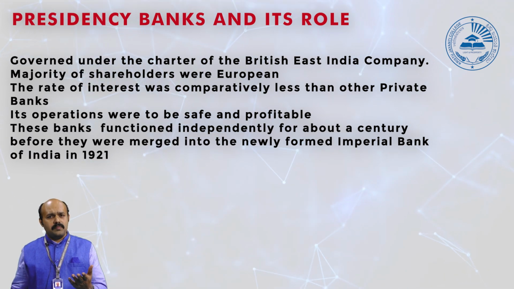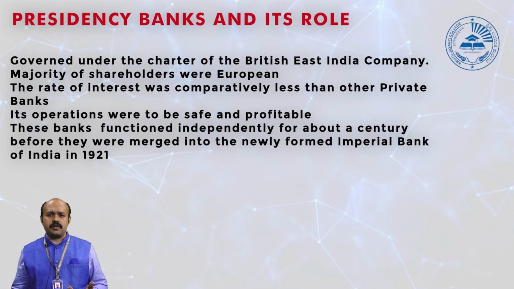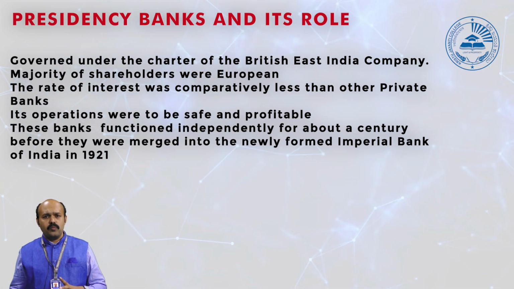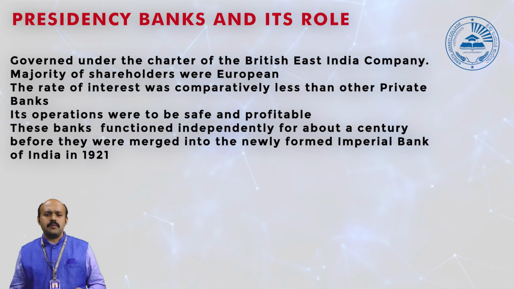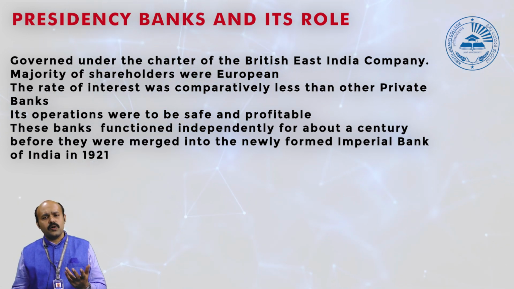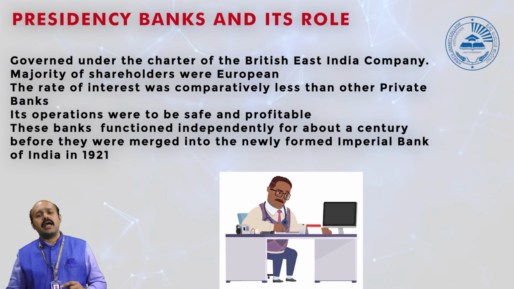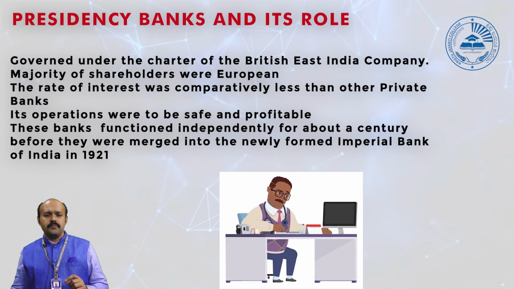So presidency banks were there to make profit out of it. Indirectly, the British East India Company were making profits using the medium such as presidency banks. And it also functioned independently. Though it had the charter of the king and queen, independence was given in its function.